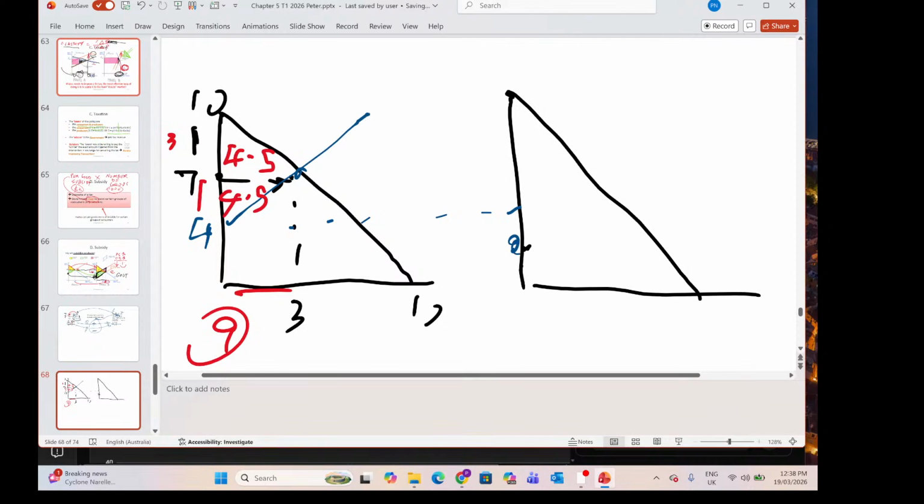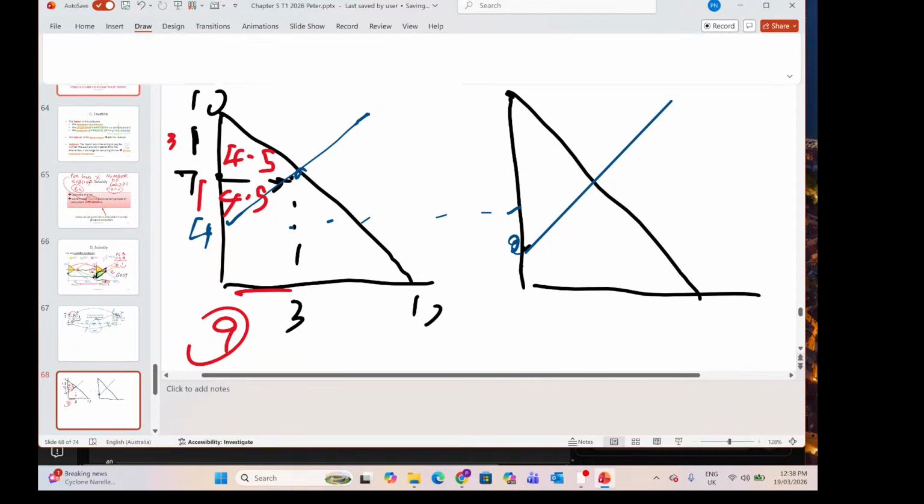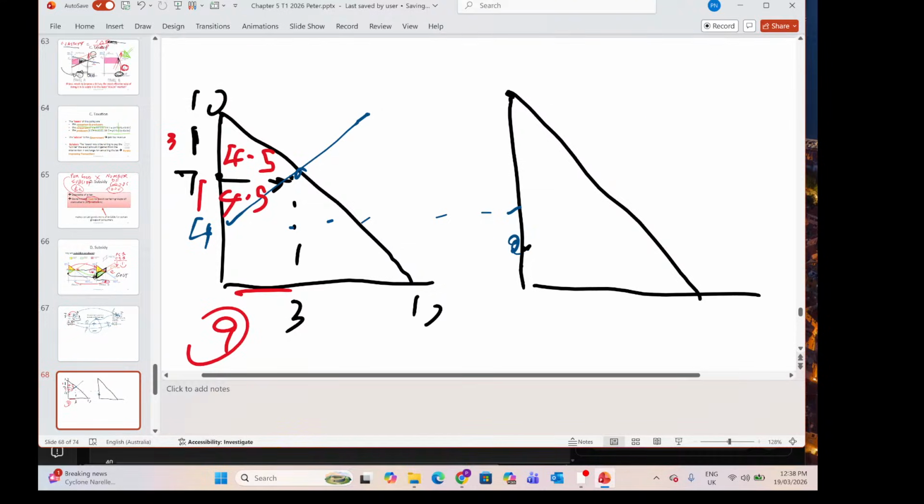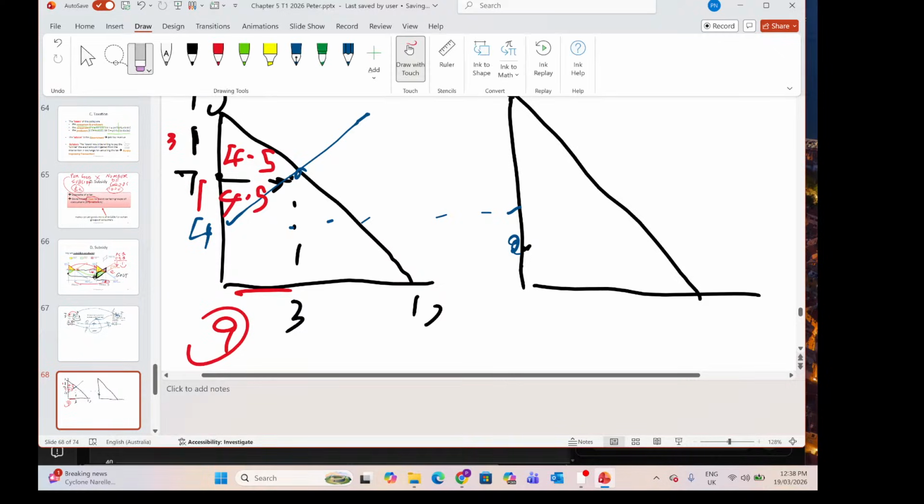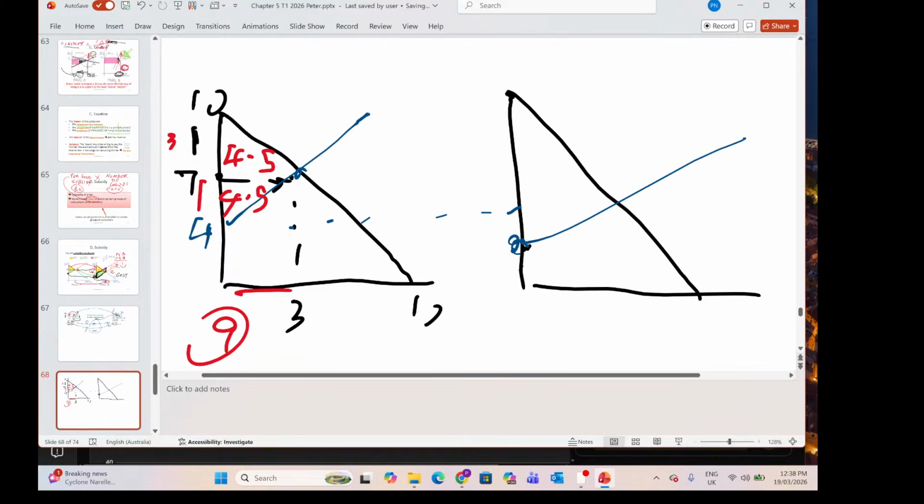So here's our supply curve going out like so. I think that's a bit steeper. I'm going to fix that. Our supply curve goes out like so. And now our price is not 7, our price is now 6, and our quantity is 4.